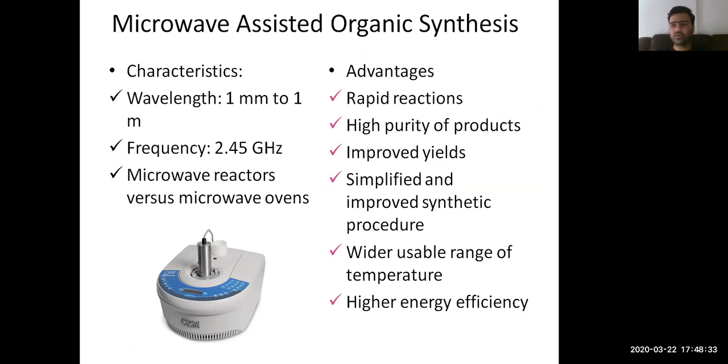And the reason why you require specialized reactors to do microwave reaction is, whenever you've opened a microwave oven, you see a turntable, right? So that turntable is where your container goes, and the container keeps rotating.